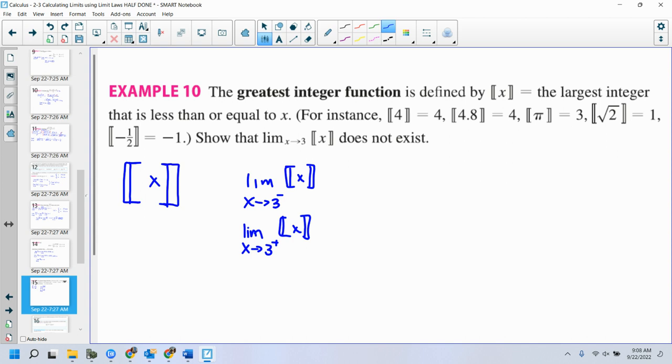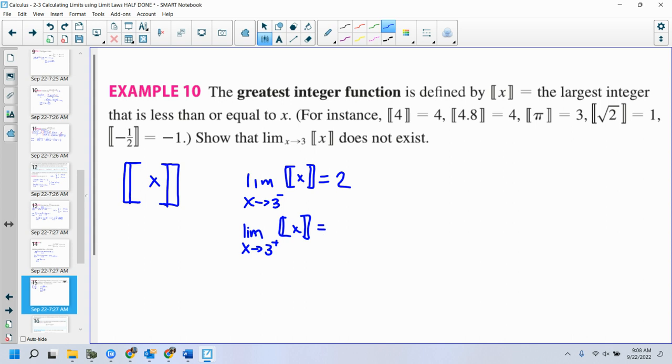Well, what is the limit as x goes to 3 from the left side? If I had 2.8, what would it be? What would be the greatest integer less than or equal to 2.8? 2. What about 2.9? Still 2. What about 2.999? Still 2.